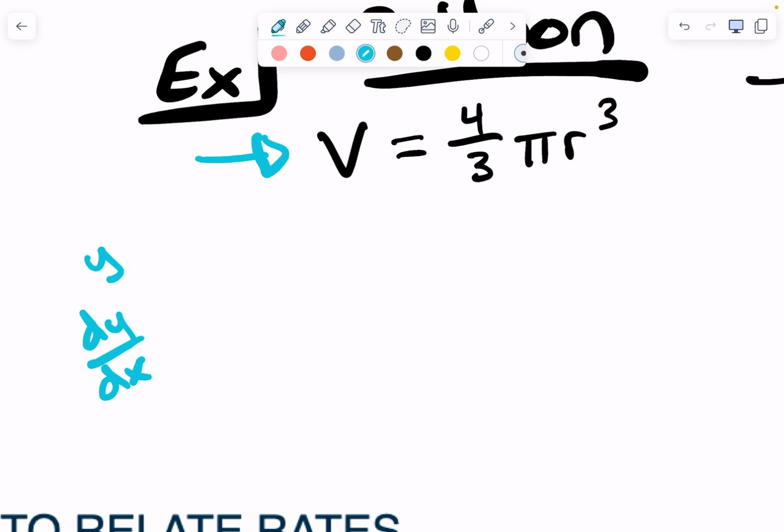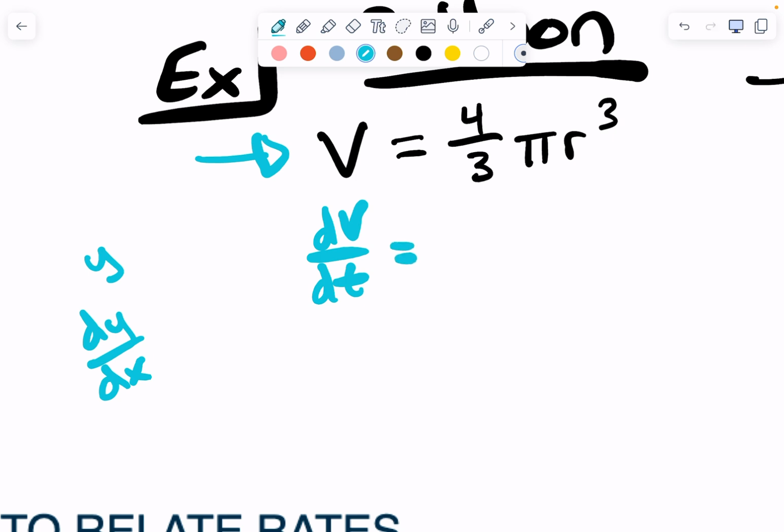So our designated variable is time. Got it? So if I'm taking the derivative of v with respect to time, what would that look like? The derivative of the volume with respect to time, what would that look like? dv dt. Even though I don't have a t variable in this equation, the volume is still being related to time. Same thing with the radius. The radius is being related to time, okay?